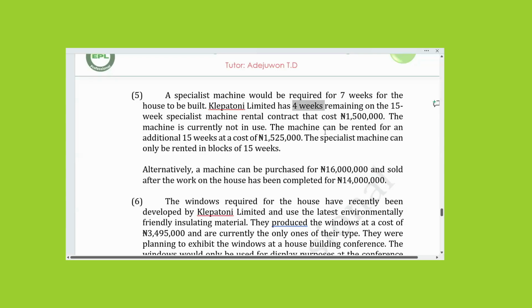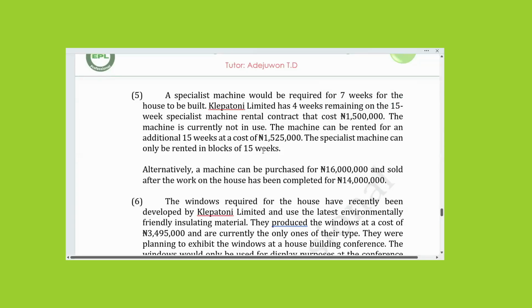So only 4 weeks are left, and the company rented it at 1,500,000. So that 1,500,000 is a committed cost. Any contract is a committed cost, like a lease. So that 1,500,000 is irrelevant.